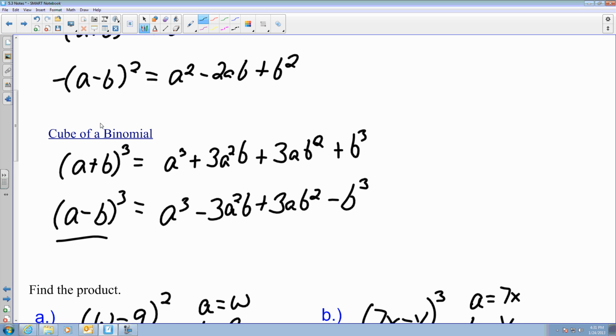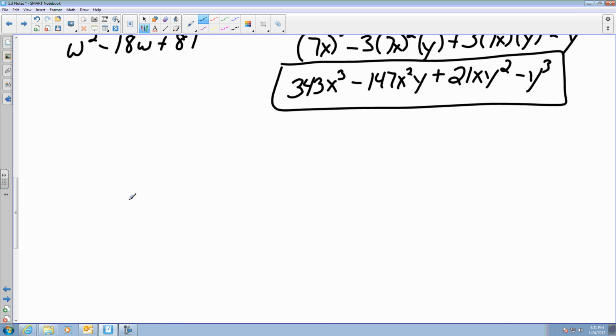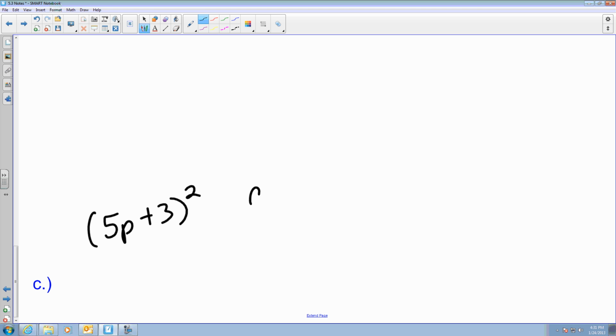Maybe one last one, say if I have something like 5p plus 3 quantity squared. So this one looks like this one here, where my a would equal 5p and my b would equal 3.